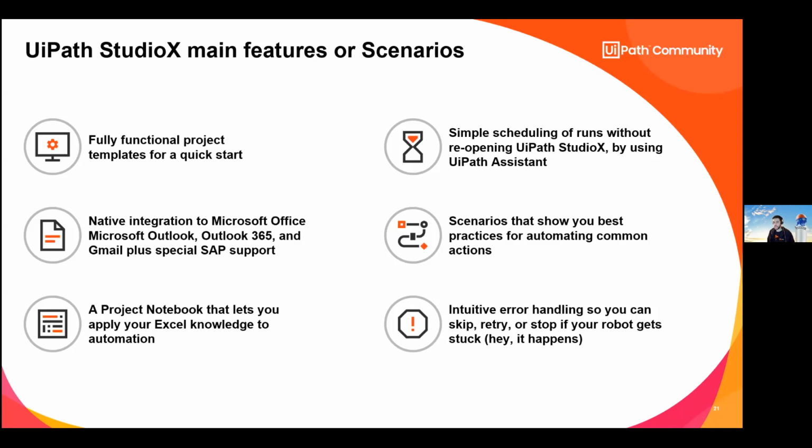We need to actually check that automations work smoothly. We need to run it 1, 2, 3, 4 times, 10 times to actually make sure that everything is okay. And it's gonna fail sometimes. StudioX has some tools that allow us to handle those errors in a more intuitive and simple way. So we don't have much problem understanding why the robots are failing, okay?